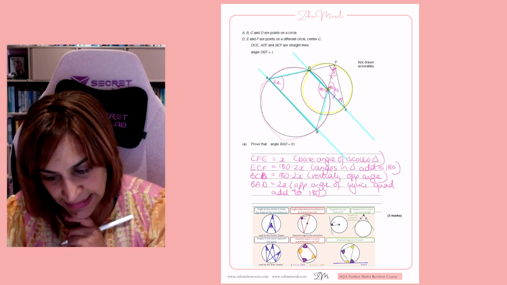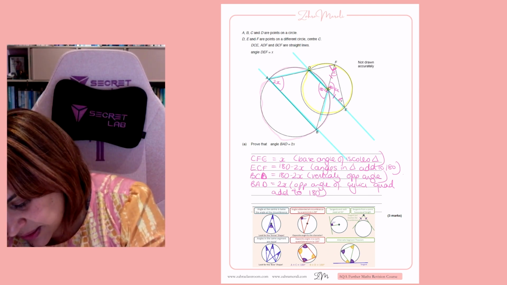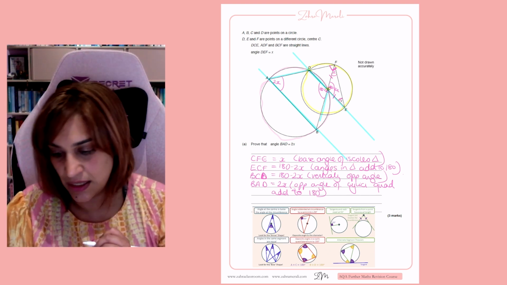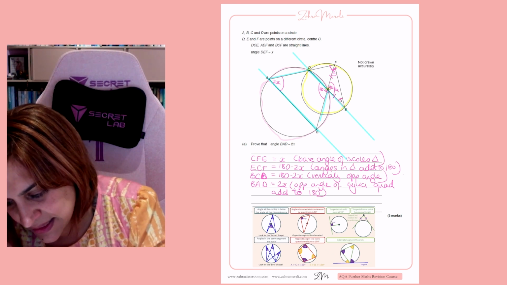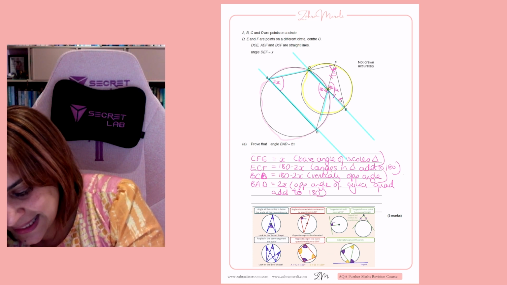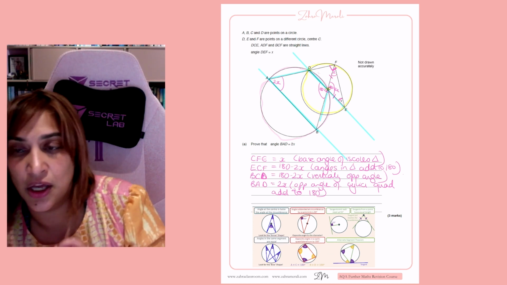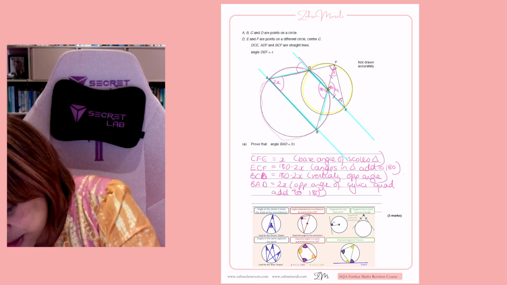So if that's a right angle, and we know that this angle is x, and because you have parallel lines, we also know that you've got vertically opposite angles are going to be equal. So if you have a look here, you've got like a Z angle, and this is going to be 2x.